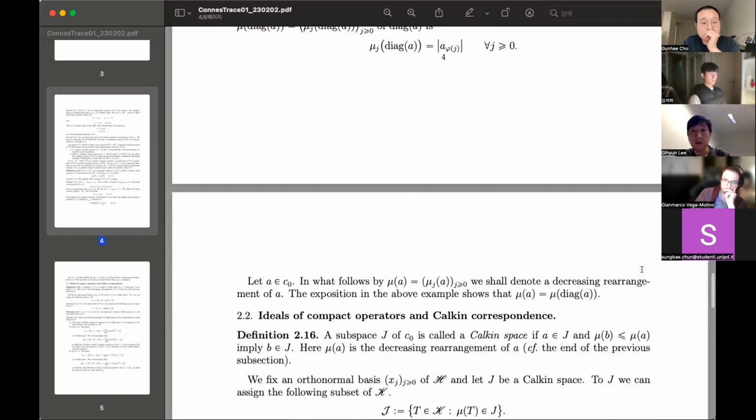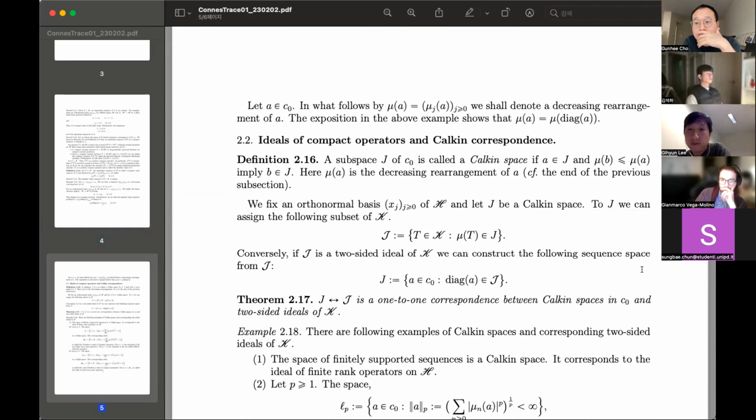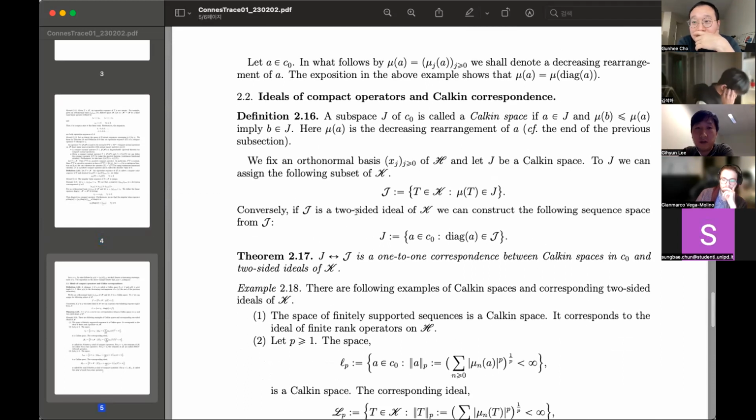Okay, all right. And the last thing I'm going to explain today is the notion of the Culkin correspondence. Let's consider a two-sided ideal of the compact operators. Then to this two-sided ideal of K, we can assign a sequence space J in this way.